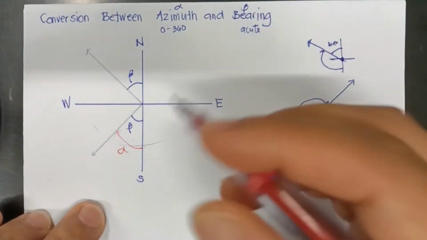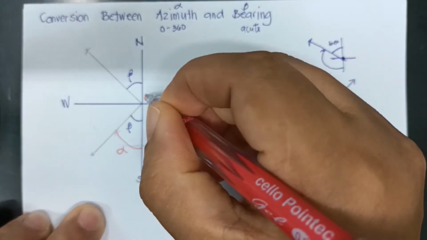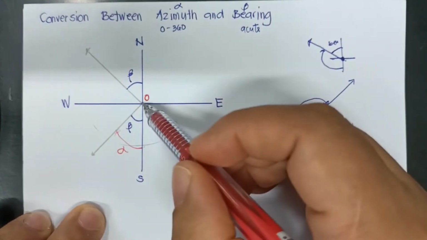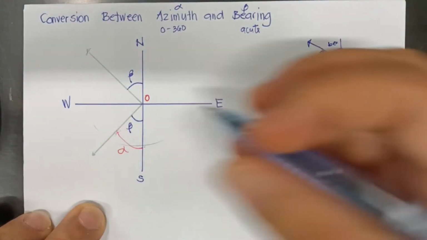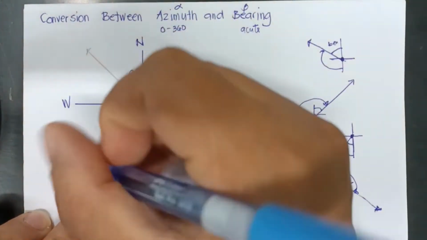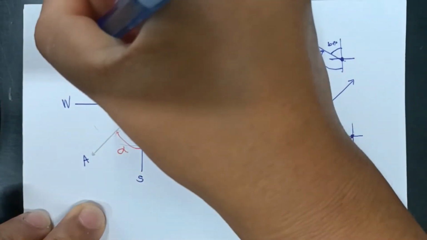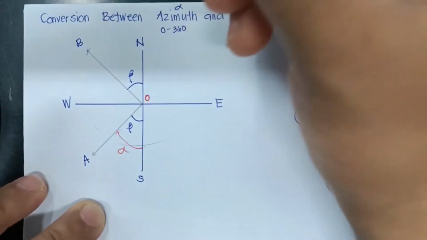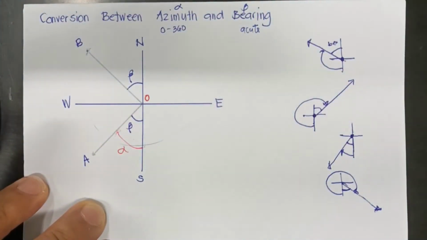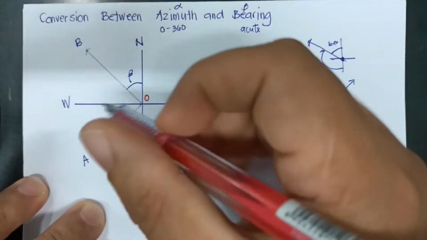By the way, I will call this one point O, the initial point of all the lines. And this will be my A, so I have line OA, and this is B, so this will be line OB. Therefore the alpha here is the azimuth of OA.